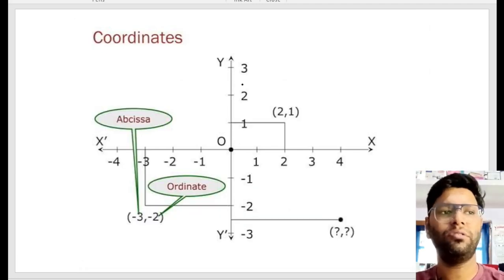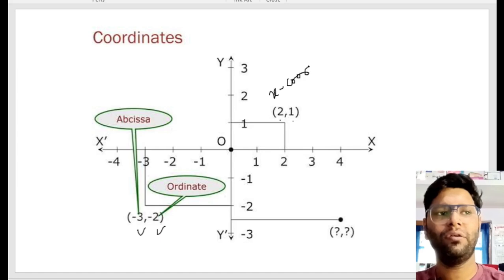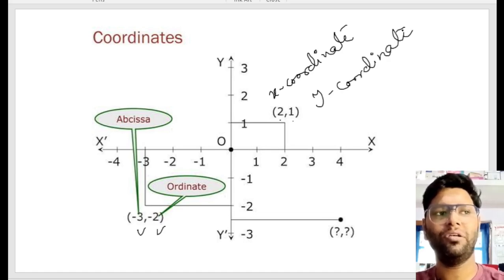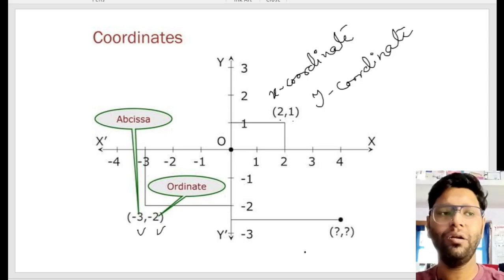Okay, now this also you see. Whenever we have the x-axis and y-axis, all the points will be in the form of 2 coordinates, that is the first one is the abscissa and the next one is the ordinate. That is the other name which is shown here, also called the x coordinate and y coordinate, but apart from that, they are also known as abscissa and ordinate.